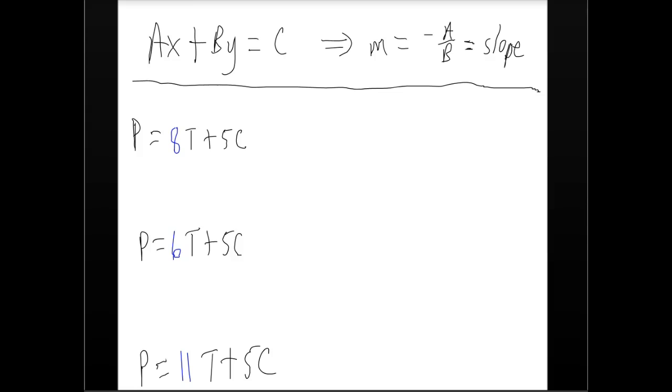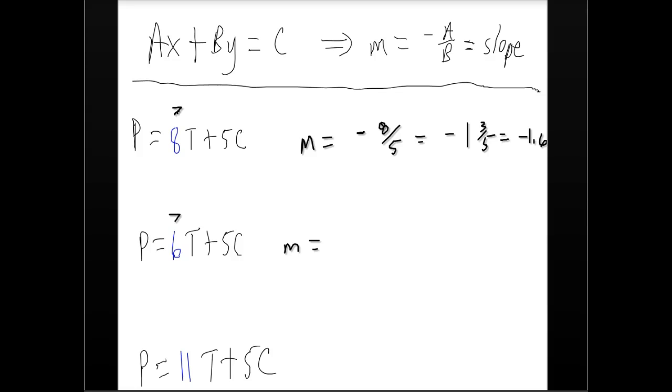I'll do this quickly since we have an idea of what's going on here. The slope of this line is going to be negative 8/5, which is negative 1 3/5, which is negative 1.6. That's how we get those slopes. For this one, we went up $1, starting at 7.